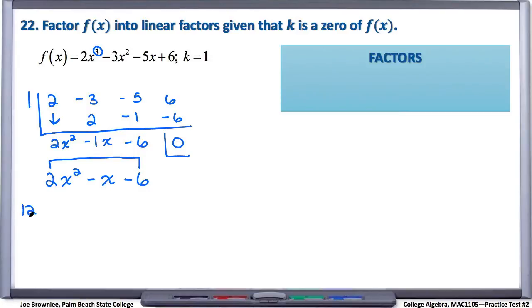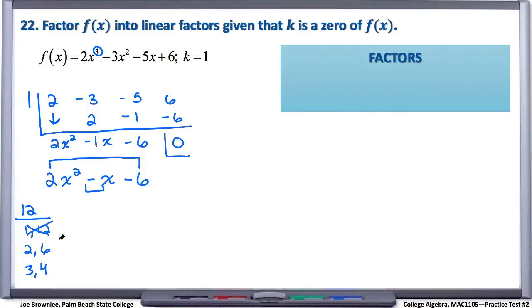So 2 times 6 gives us 12. And now we want to list all of the factors of 12. So we have 1 times 12, 2 times 6, 3 times 4.